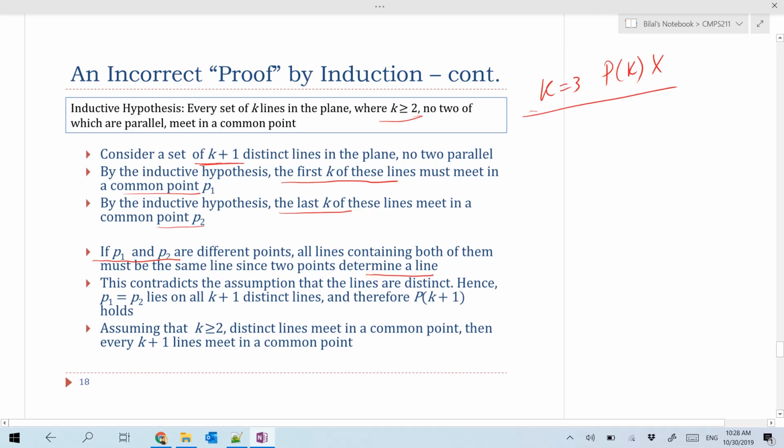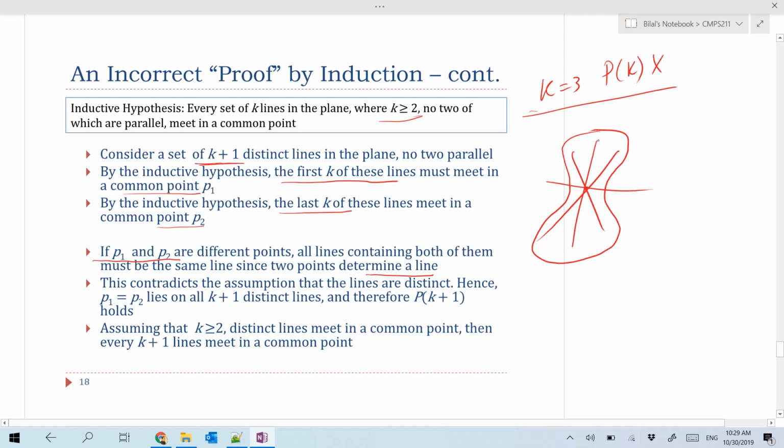Okay, so the idea is somehow if you have these n lines, k plus 1 lines, if I consider, let's say, the first k lines, if they meet in a certain single point, call it P1.